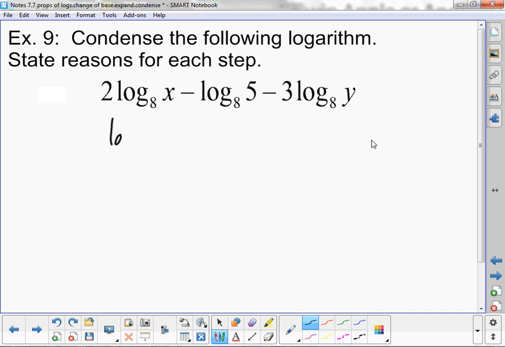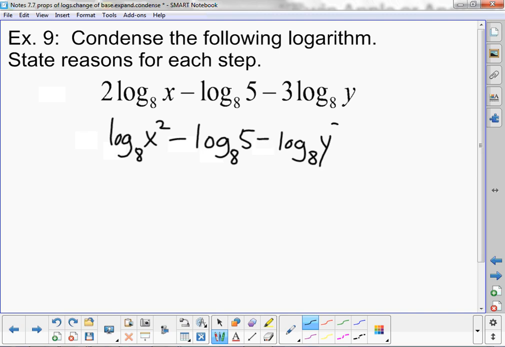Okay, so it'll be log base 8 of x squared. Handle your exponents first. The 8 of 5 stays the same. We've got a 3 there, so that's going to go up top. So it's going to be minus log base 8 of y to the 3rd power. Okay, so I've got a subtraction, then I've got another subtraction. That's interesting. Division of a division.